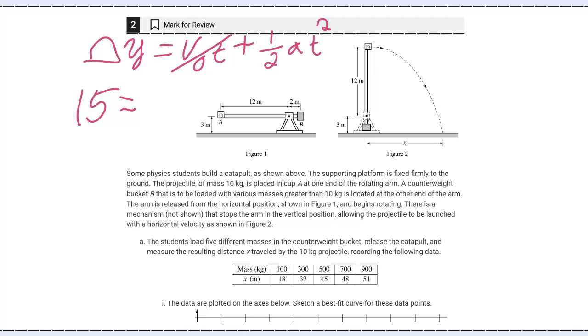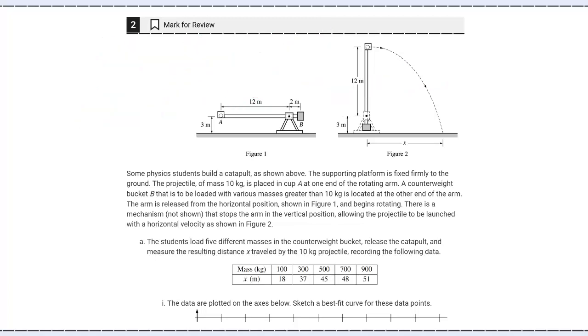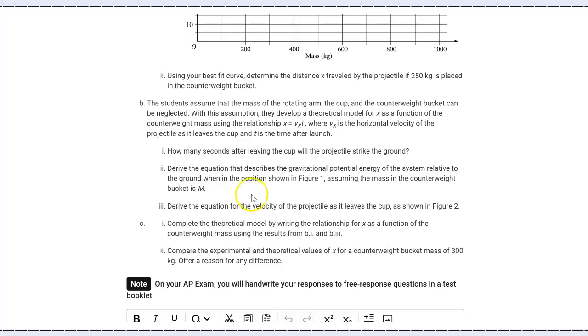And our a is just going to be gravity because it's vertical. So 1/2 times 10 is 5 t squared. t squared equals 3, and then using our calculators we find t is 1.73 seconds. All right, not too bad so far.